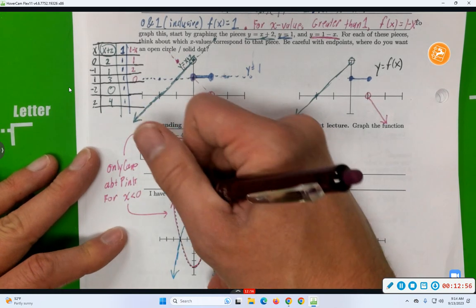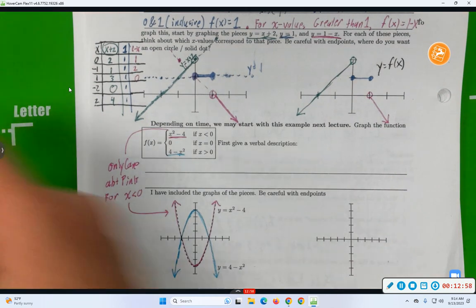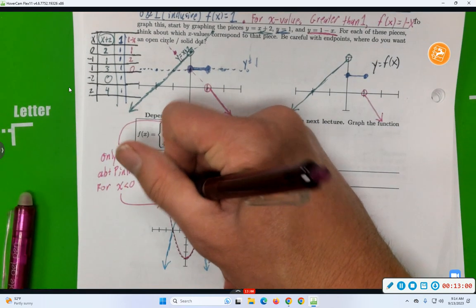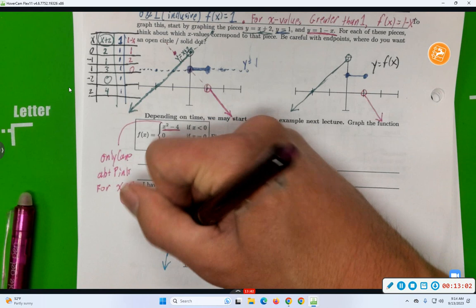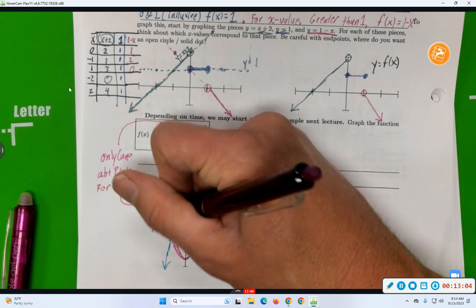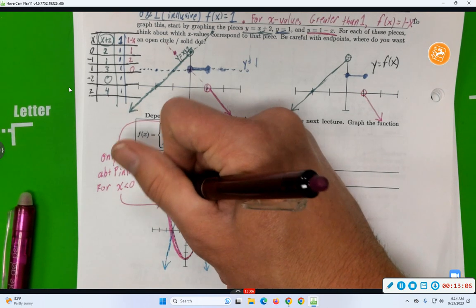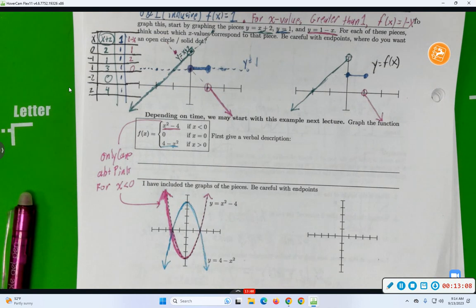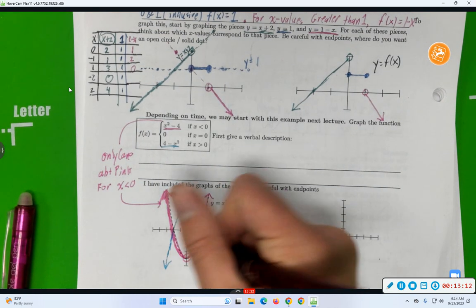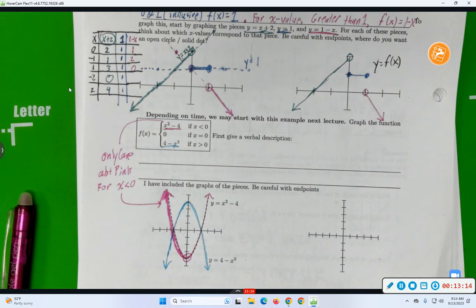So I only care about this pink function for x values less than 0. So that's like that part of the graph. And I guess I'll want to exclude that because 0 is not less than 0. Where do I care about the blue part of the graph? X value is bigger than 0.